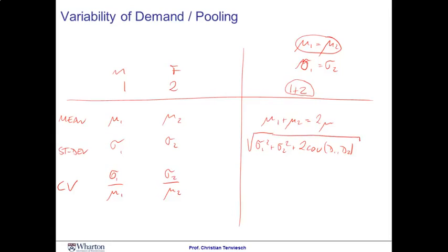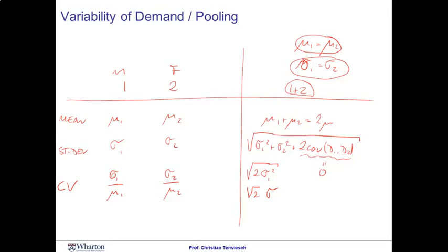We assumed independence, and so the covariance is going to be equal to 0. And we also assumed that sigma 1 equals sigma 2, which leaves us with the square root of 2 times sigma squared. I can simplify this and write it as the square root of 2 times sigma.